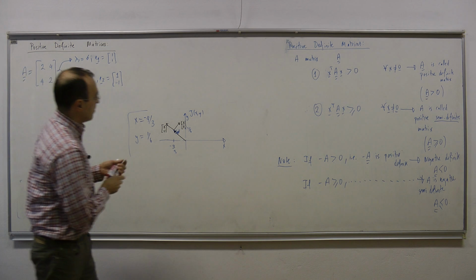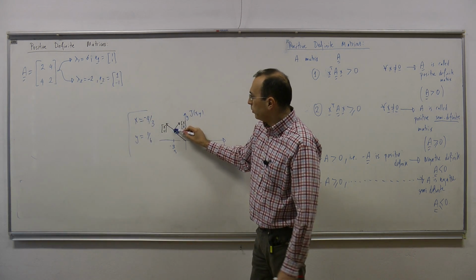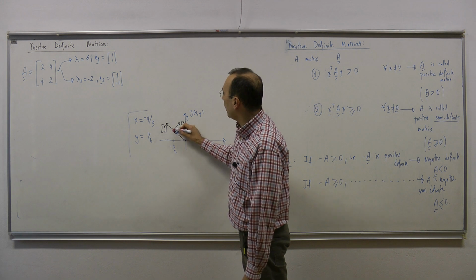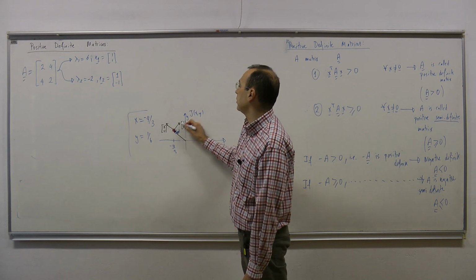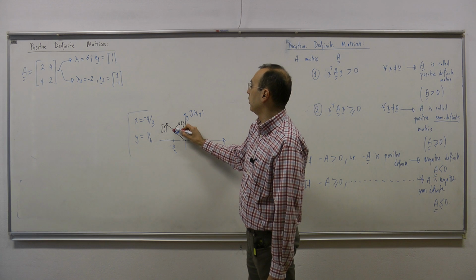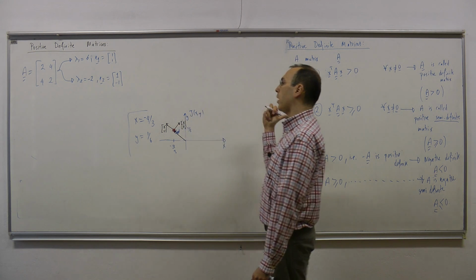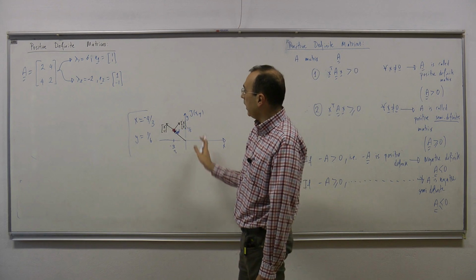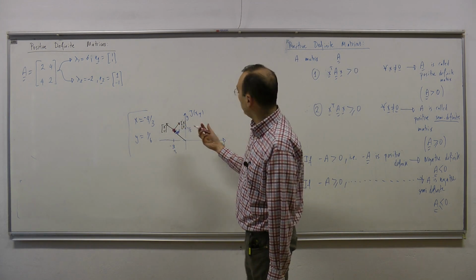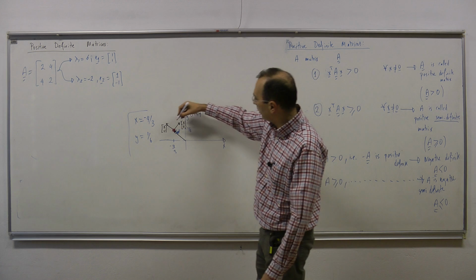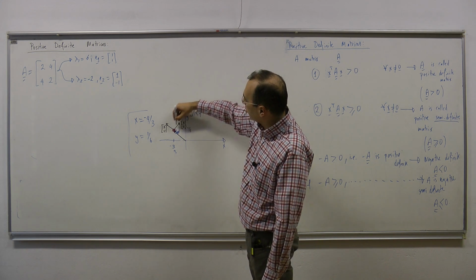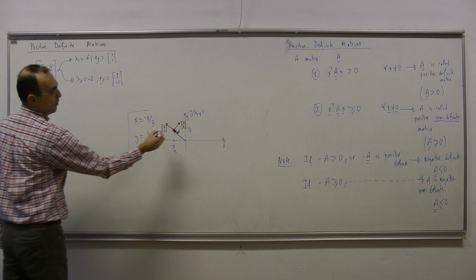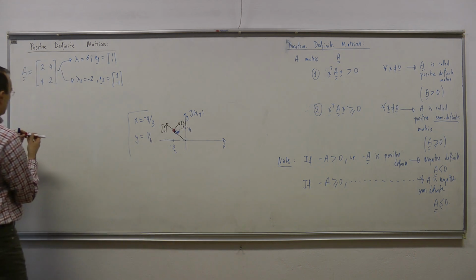So how about this? Now I'm at this optimal point. Let me mark it. And I move in this direction along this eigenvector. So previously I could go right or left in the one-dimensional case. Now I can go in any direction. That is the reason, for example, this gradient is calculated and so on. So if I go in this direction, what will be the value of the function? Is it increasing or decreasing?